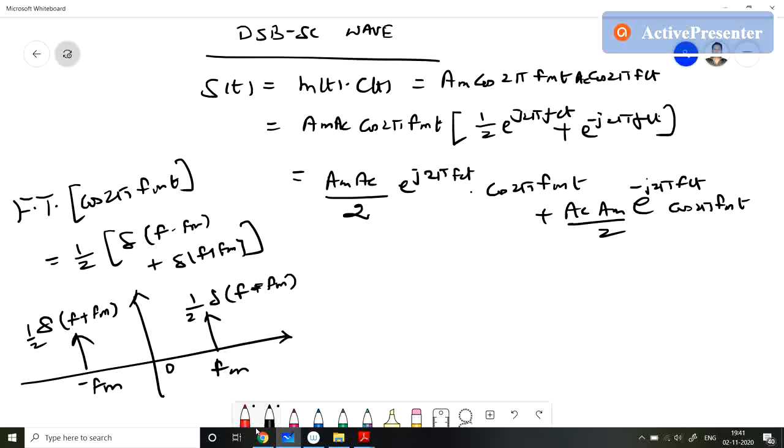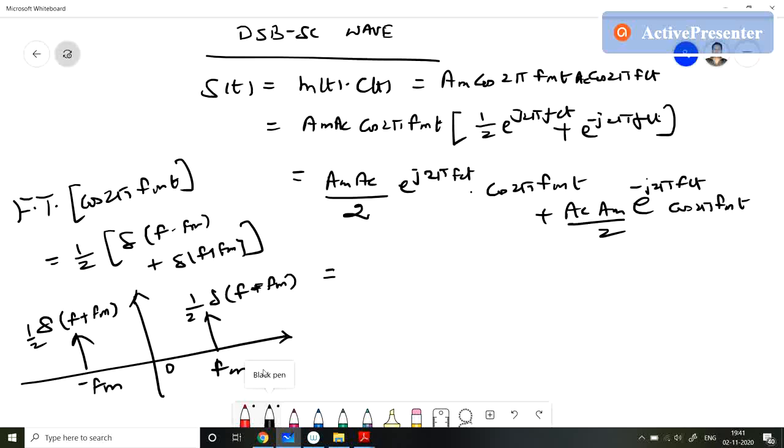Now we are going to shift this to fc and minus fc. So what we will get here, because here we are getting plus j2πfc t, and here we are getting minus j2πfc t. So where will the shifting take place? We can apply the frequency shifting property.